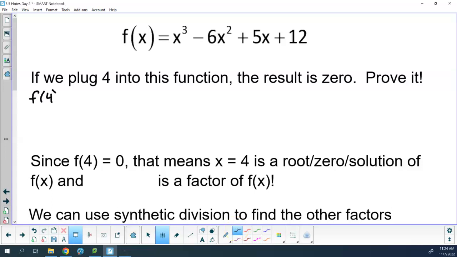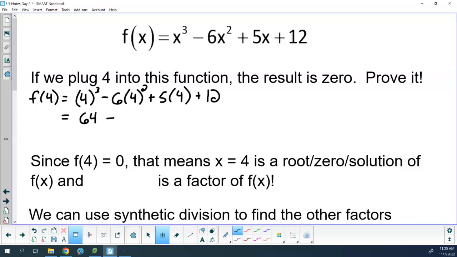F of 4 is going to be 4 cubed minus 6 times 4 squared plus 5 times 4 plus 12. 4 times 4 times 4 is 64. 4 times 4 is 16. 16 times 6 is 96. 64 minus 96 is negative 32. 5 times 4 is 20. Negative 32 plus 20 is negative 12. Negative 12 plus 12 is 0. So f of 4 is 0. Okay? We just proved it.